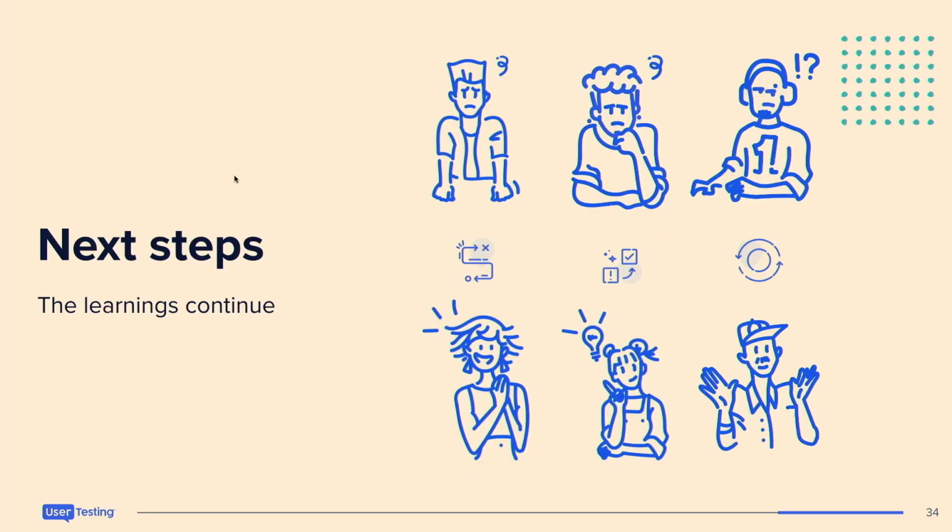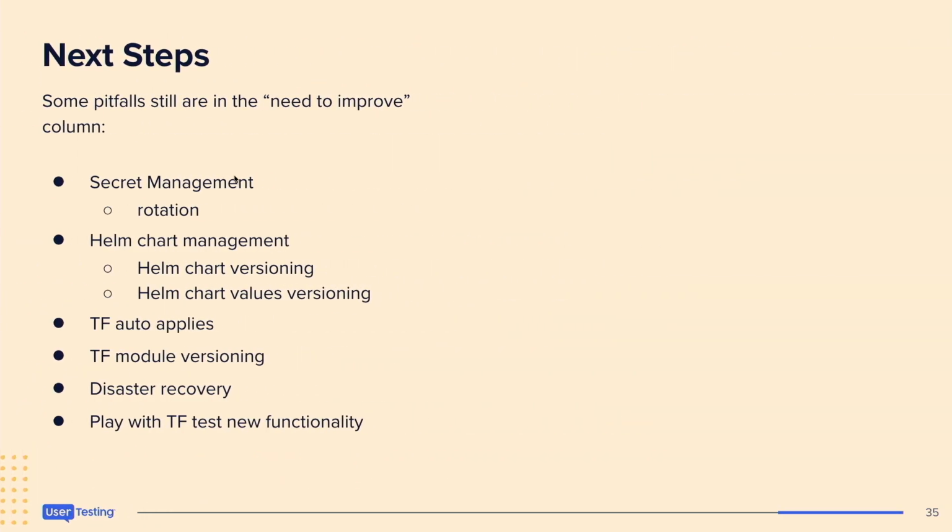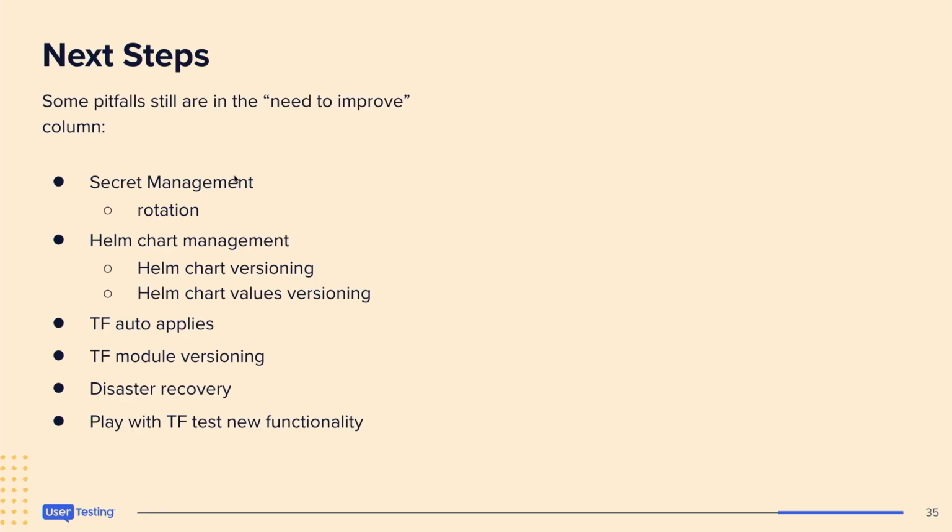And with that, we get to the next steps. In next steps, we still have a lot to learn. We are not experts. We are just showing our use case here and how we did everything. I would like to highlight here Helm chart management.